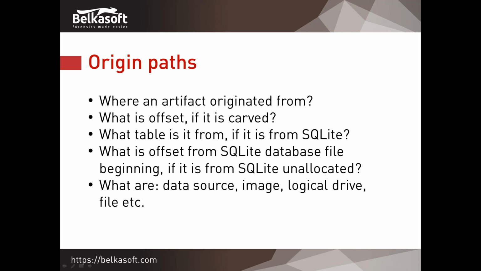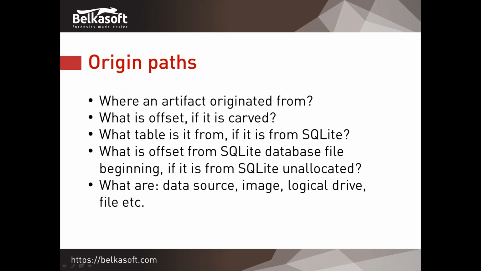If something is from an SQLite database, what was the table, what was the row, and so on. If it was carved from unallocated space inside SQLite, how to check that? What was the offset? And also for each artifact, you would like to understand what the data source is if you have multiple devices in your case. What was the forensic image it was taken from.